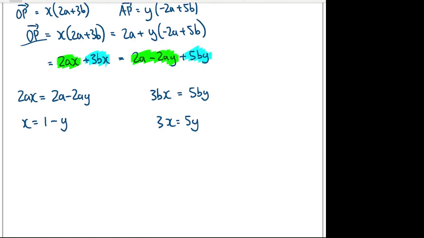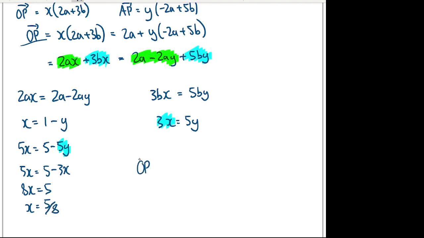And now I need to solve these two equations simultaneously. So I'll multiply this one by 5. And then I can replace the 5y with a 3x to get 5x is equal to 5 minus 3x. So 8x is equal to 5 and x is equal to 5 over 8.